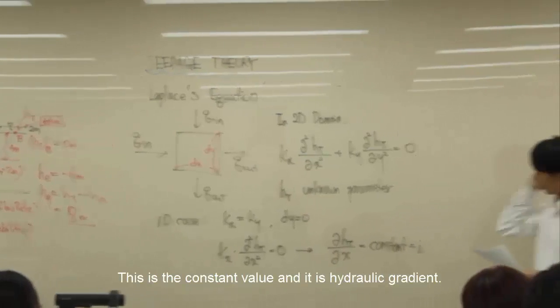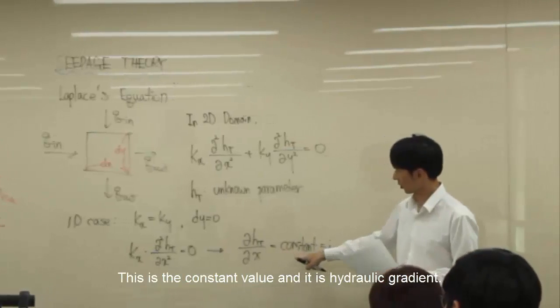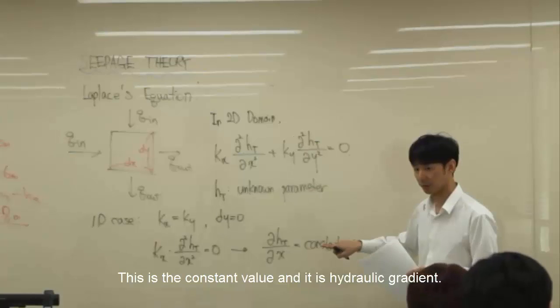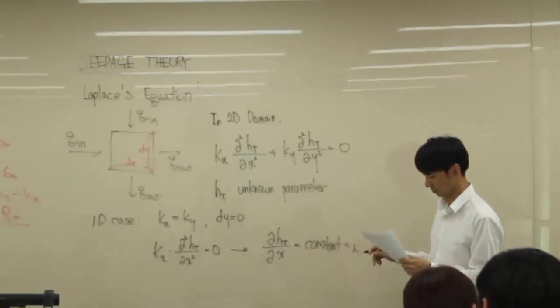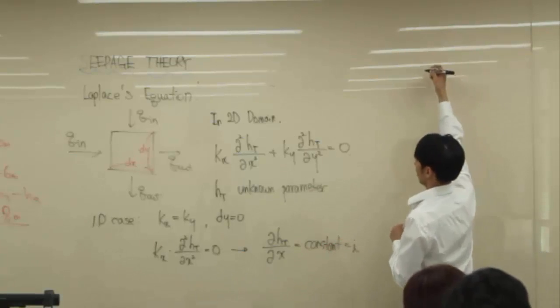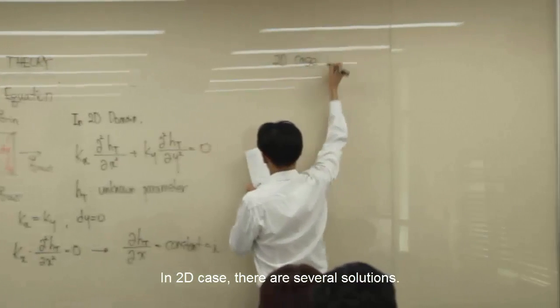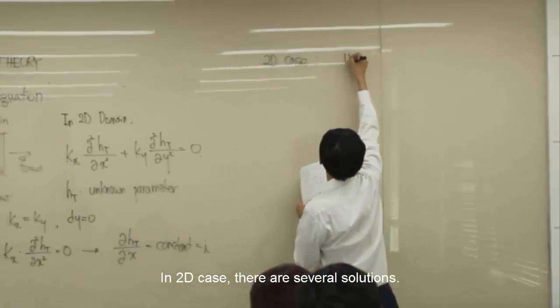Then ∂h/∂x becomes the constant value, which is the hydraulic gradient. There are several solutions.